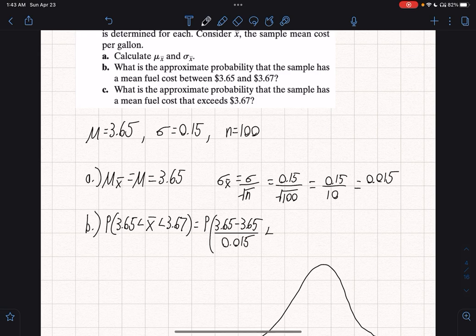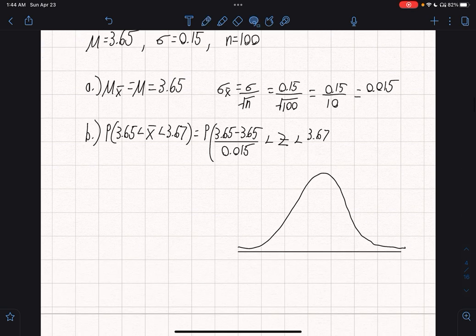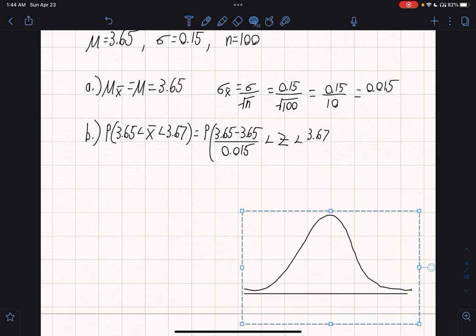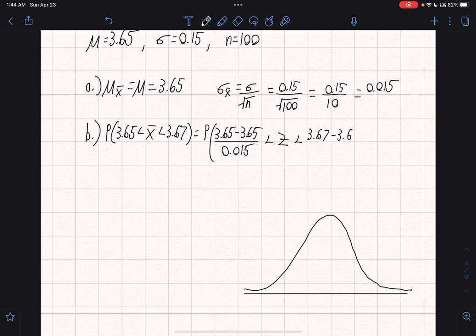Less than z, so we're going from x bar, which is the sample mean, to z, and then 3.67 minus 3.65 over 0.015.